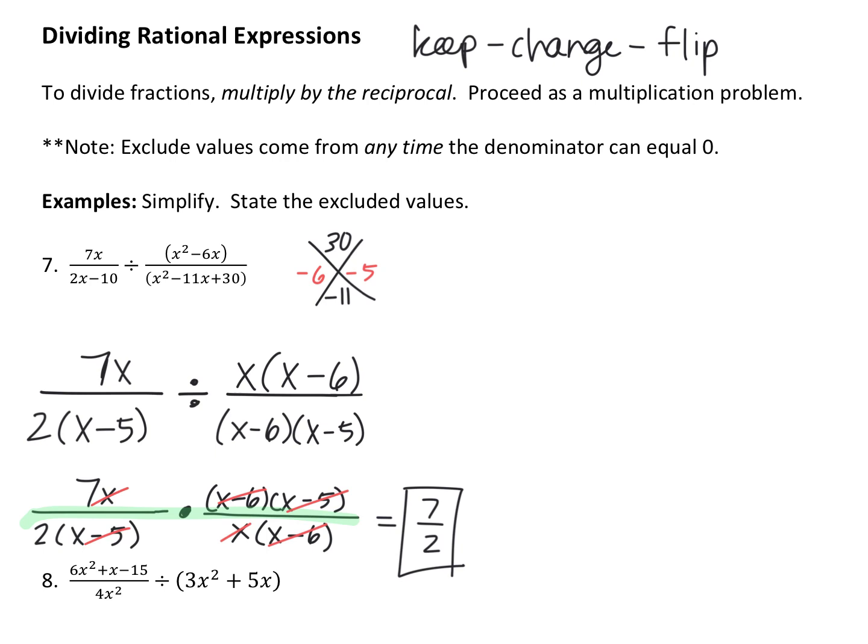The one thing that is different, other than keep, change, flip, is the excluded values, which come from any time the denominator can equal 0. So that means that you need to check both. So write this down for me.